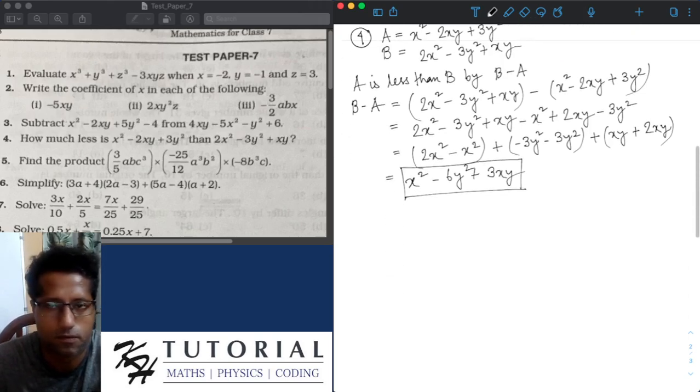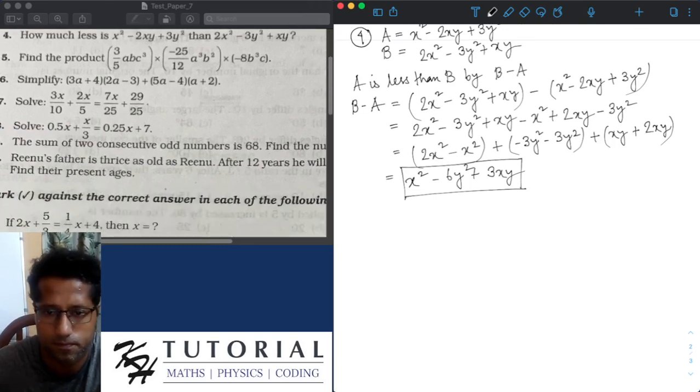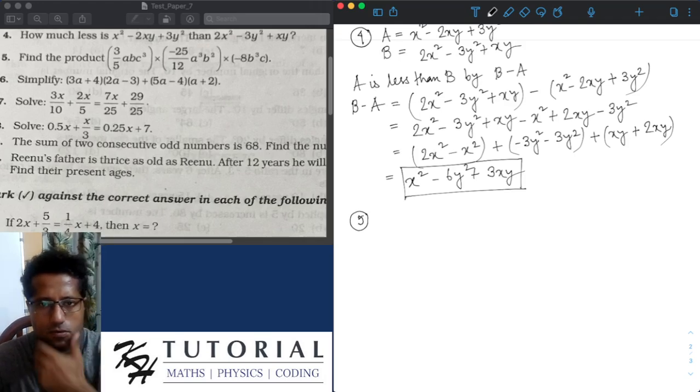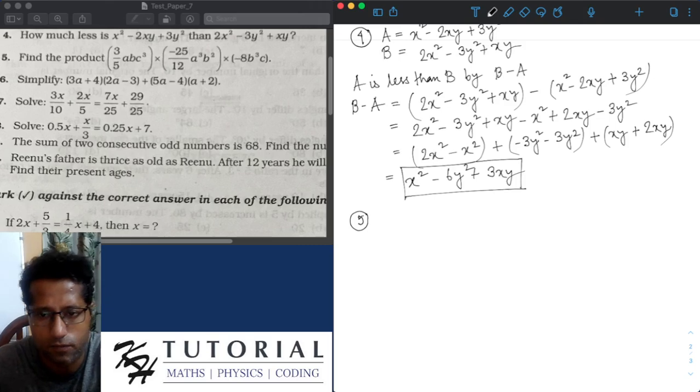Question number 5. Question number 5 says find the product of. Okay, so 3 terms are given. We have to find the product of those 3 terms, or a term, algebraic expression. A term means a monomial. So we have to find the product of 3 monomials.